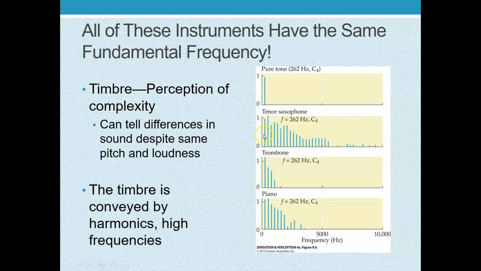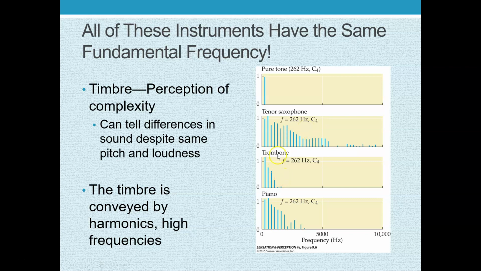Now note, every single one of these instruments does have the same fundamental frequency that matches the pure tone of 262 hertz. But the remaining spectra are all multiples of that 262 hertz, and they're organized in different ways.